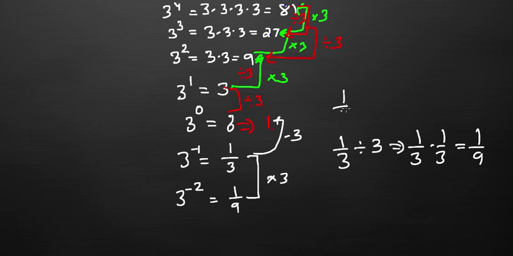So 1/3 times 3, again you're gonna get 1 here. So by this sequence, we came to know that 3 raised to 0 power is equal to 1. I hope that this makes sense, and hopefully you understood it.